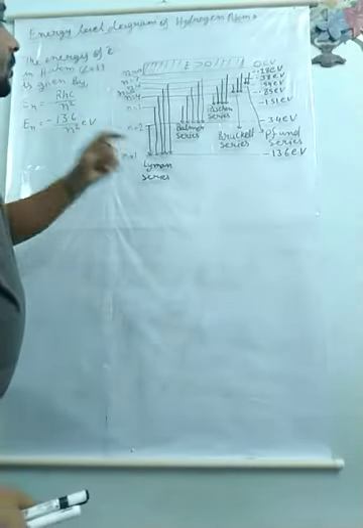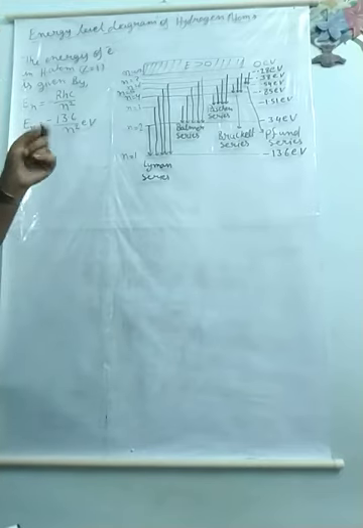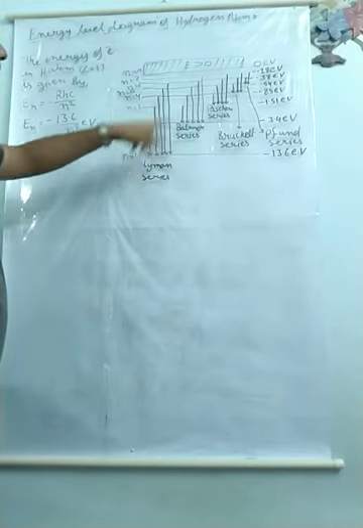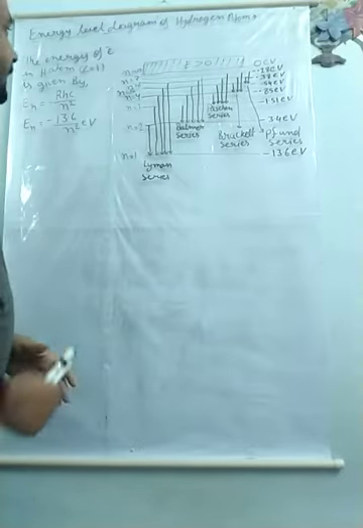This diagram is called the energy level diagram, and the line spectrum is shown in the diagram.